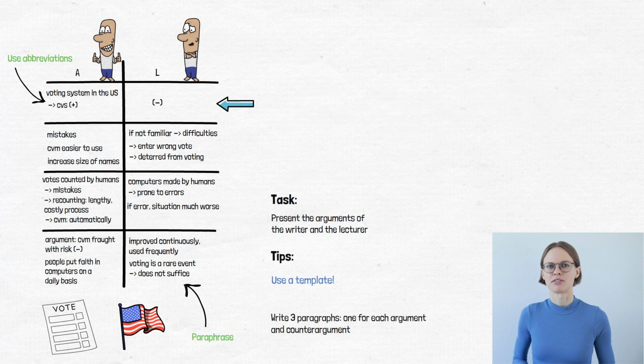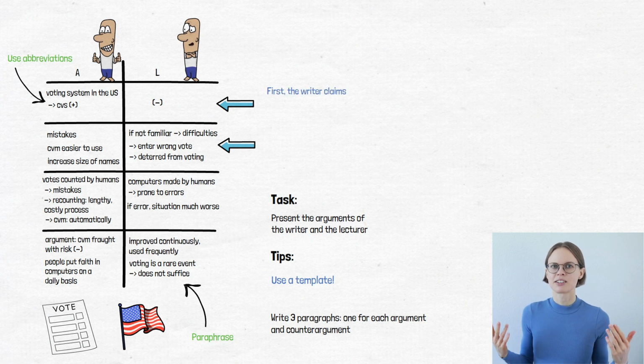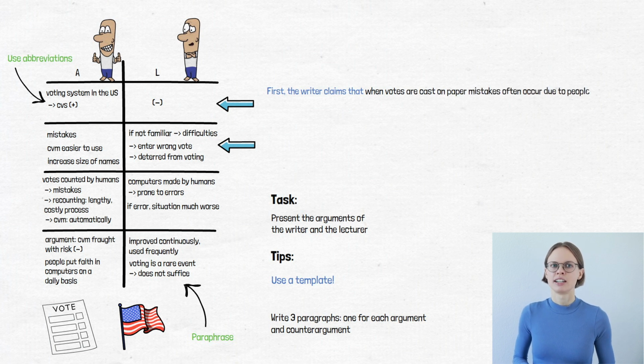Now you have to have a look at the second row of your table because this is where you can find the information about the first argument of the author. I'm going to write: first, the writer claims that when votes are cast on paper, mistakes often occur due to people choosing the wrong candidate by accident.